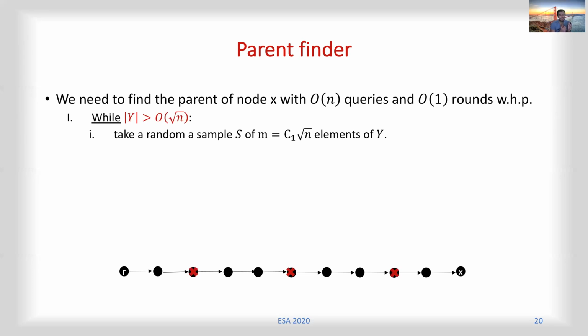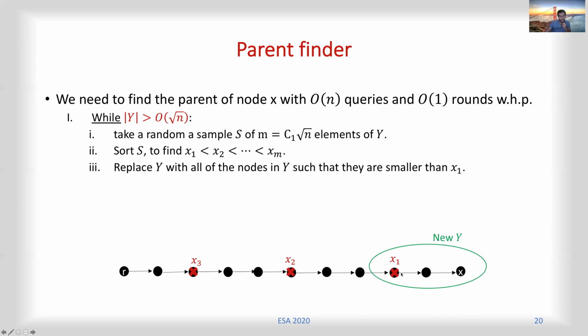Until the size of the path y is at most a constant factor of the square root of n, we take a random sample of roughly the square root of n elements of y, and we sort all of the elements of this sample S, and we find all of the nodes which are smaller than x1, and we replace y with this new y.